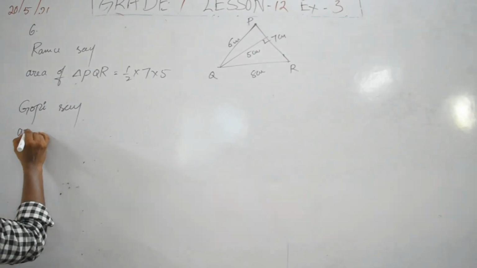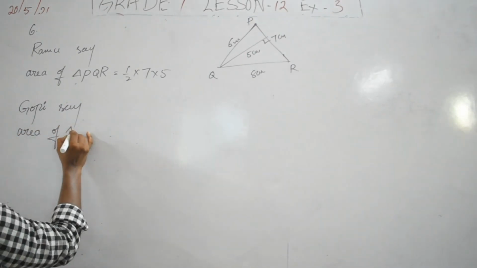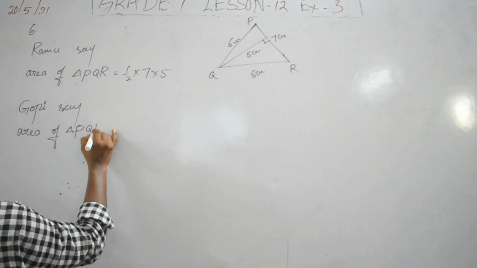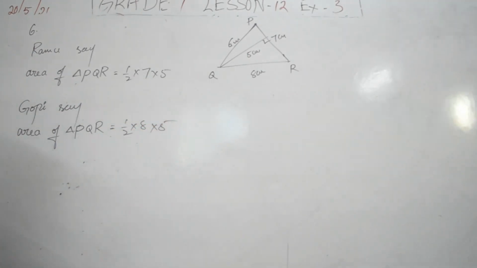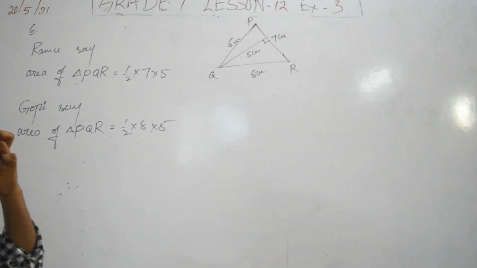Next, Gopi says area of triangle PQR equal to 1/2 cross out 8 cross out 5. So which one says correct answer? Here which one says Ramu? Why? Here see.